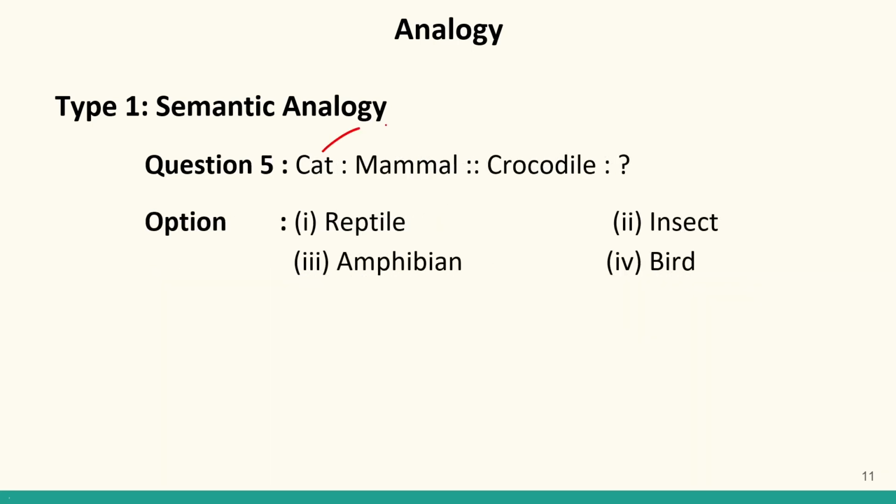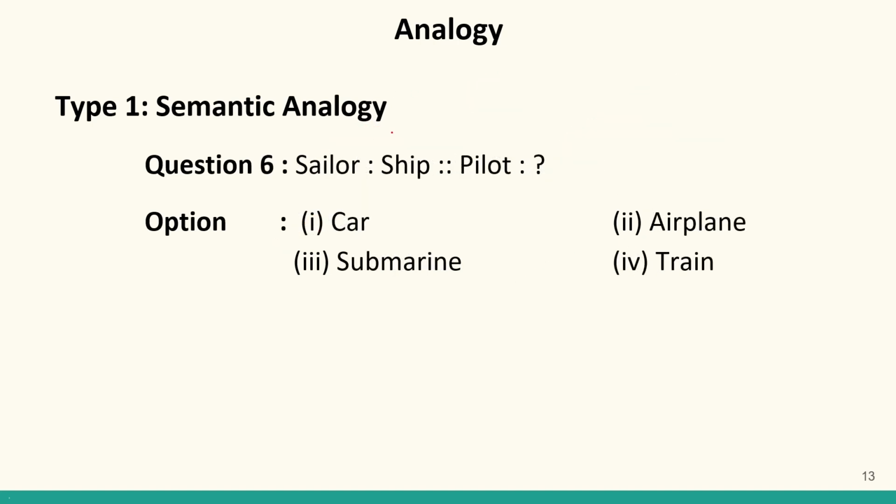water. Now, cat, this is a type of mammal, right? Similarly, crocodile is a type of what? It is a type of reptile. So our answer will be option number 1, reptile. Now, sailor is to ship and pilot is to what?